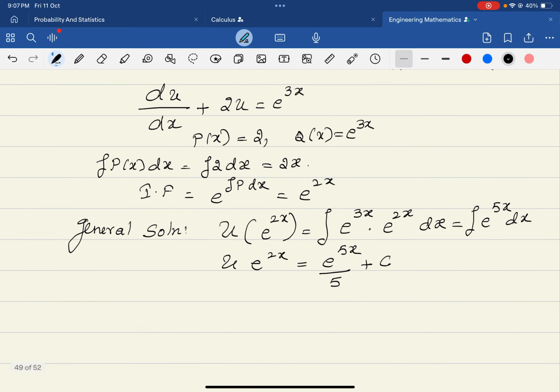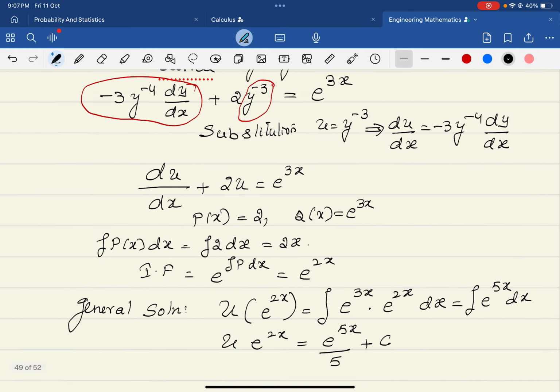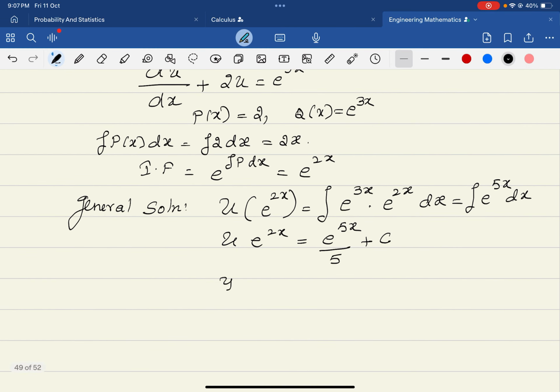Now what is u? Actually y power minus 3 is the substitution for u, correct? So let us rewrite that in the equation as y power minus 3 times e power 2x is equal to e raised to 5x over 5 plus the constant.